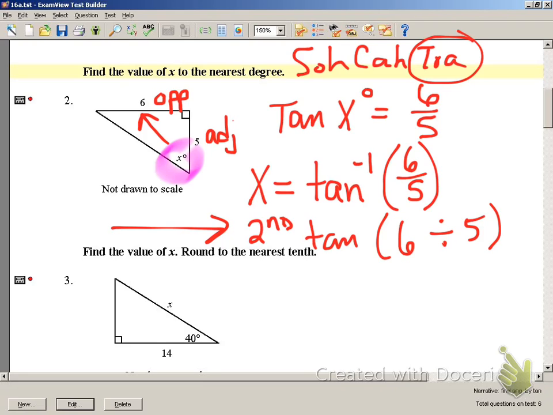If it does not, you need to divide 6 divided by 5 equals, and get 1 point whatever, then go second tan. So when we put that in the calculator, second tan, 6 divided by 5, we get 50.19. Anytime we are using a degree, we always round to the nearest whole degree. 50 degrees would be our solution.